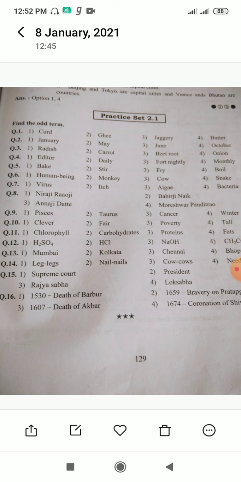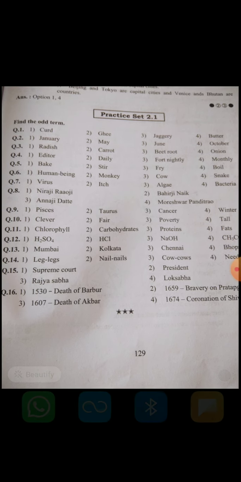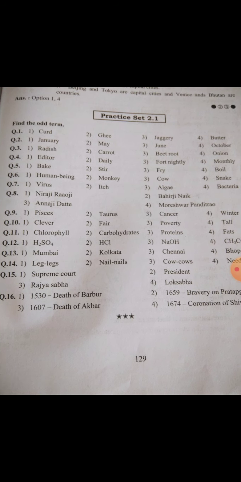Curd, ghee and butter are milk products, but jaggery is a product of sugarcane. Jaggery is what we use in our homes, that is gul. That's why the odd one is jaggery.